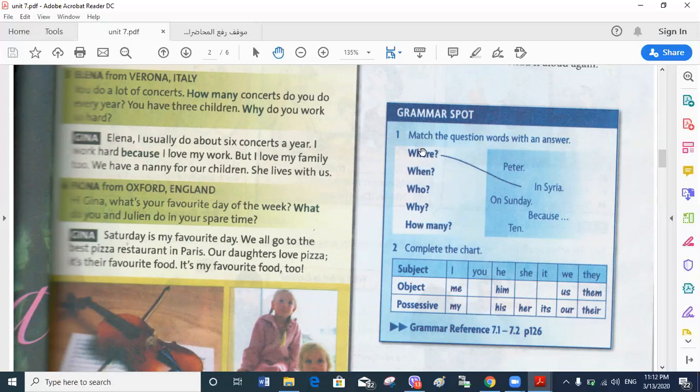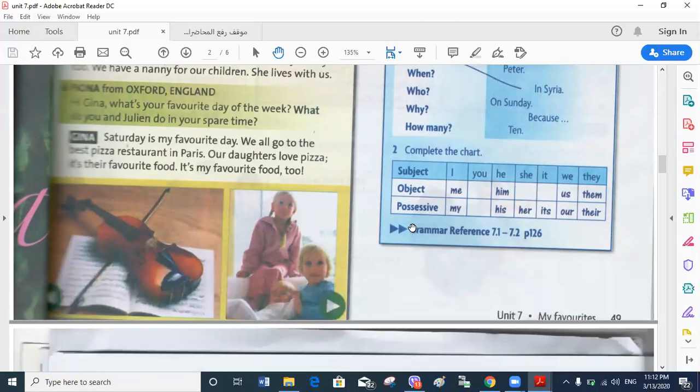So when we are asking using where, so we are asking about the place. So it is easy to find the correct or the suitable word for this question is in Syria. But when we are asking using how many, then we are asking for a number. So the number 10 is suitable to be the answer for this question word.